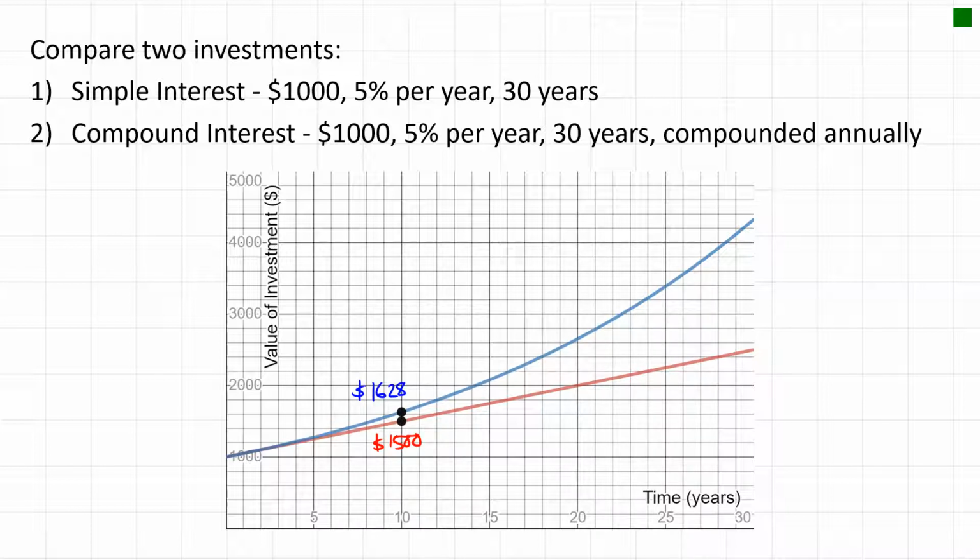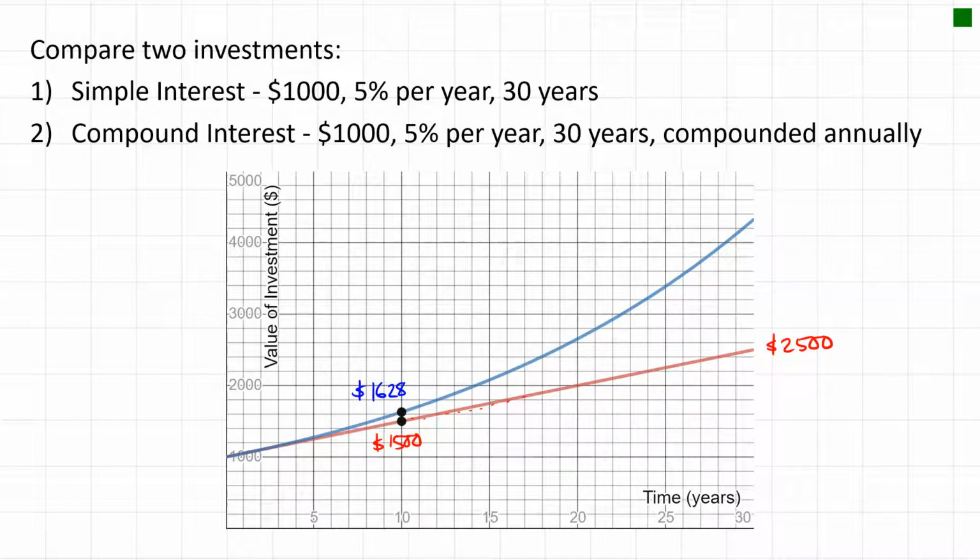Well, as you can see, as this interest gets compounded, the compound interest investment really starts to take off. The simple interest investment never grows beyond that interest on $1,000, and so even after 30 years, it's made $2,500.